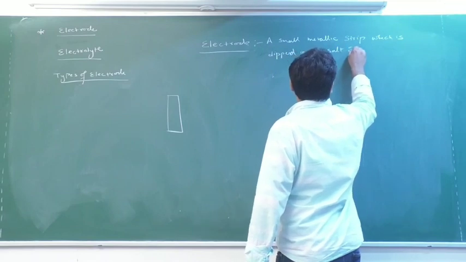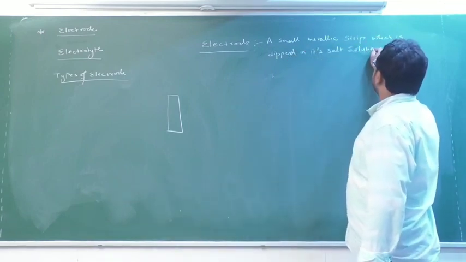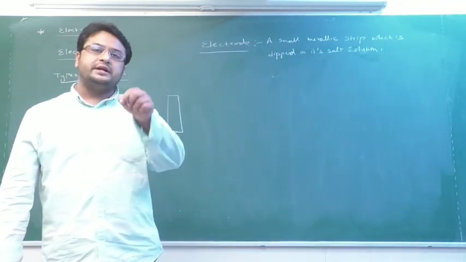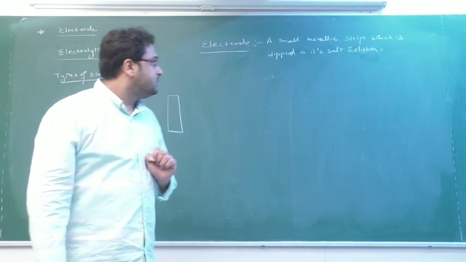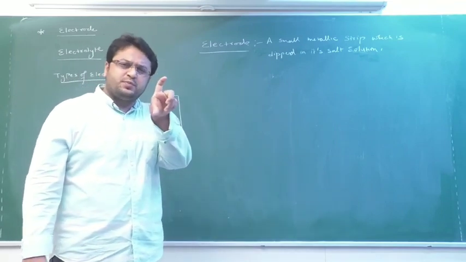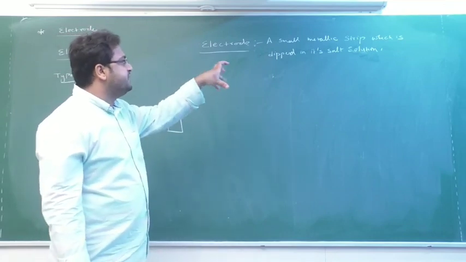Why am I telling this? Last class we saw the electrochemical cell, in which zinc was dipped in zinc sulfate. So zinc was acting as the electrode, a very small metallic strip dipped in the salt solution.